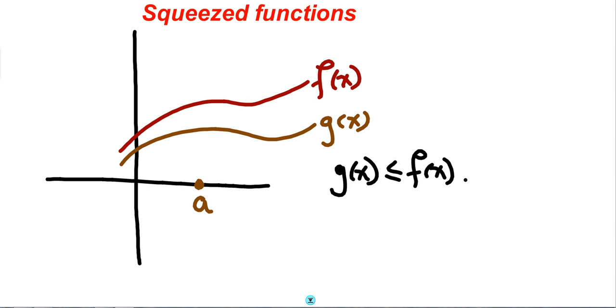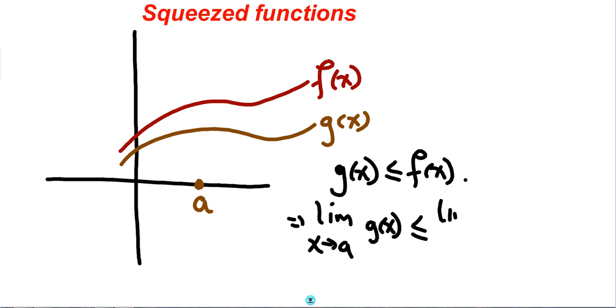And if g of x is less than f of x near A, it means that the limit as x approaches A of g of x will also be less than or equal to the limit as x approaches A of f of x. In other words, close to A, the value of g of x is always smaller than the value of f of x.